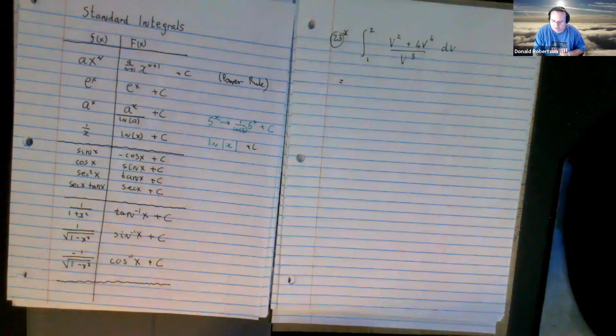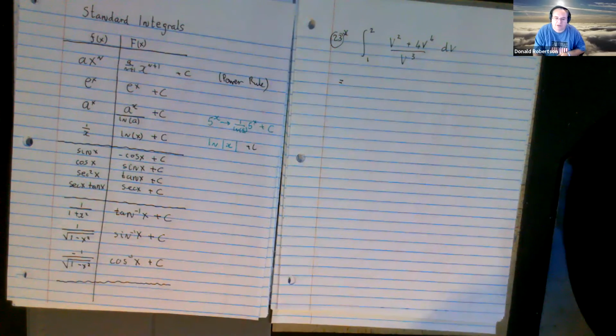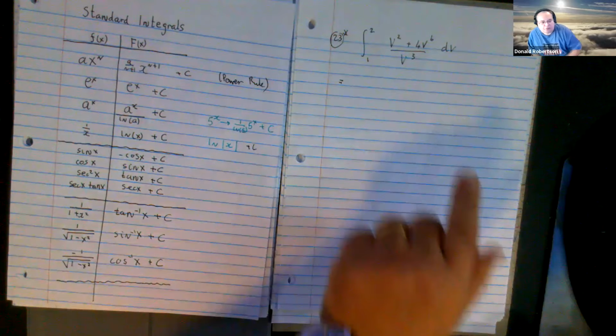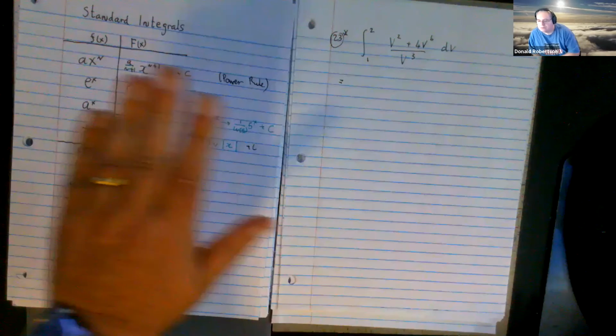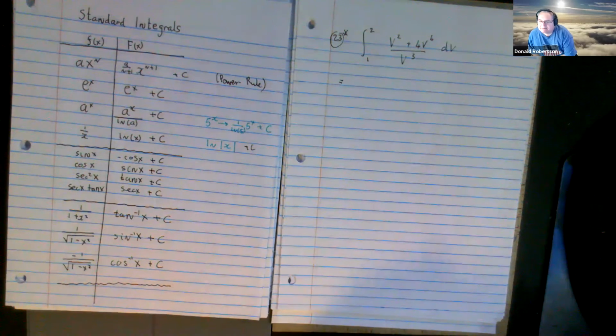Right? There's no way in the world we're going to be able to do that the way it is. So we need to figure out how to re-express this so that one of these guys over here, or more than one perhaps, can be used. I'm looking for ideas. What do we do?